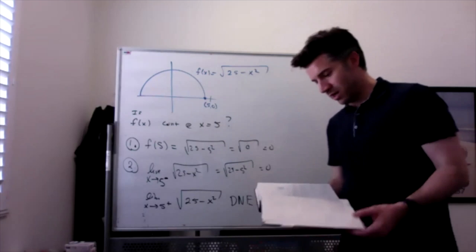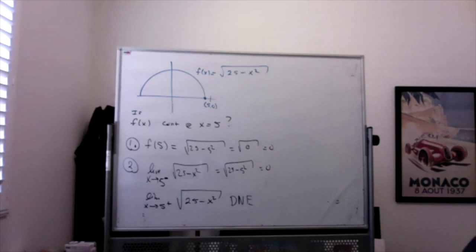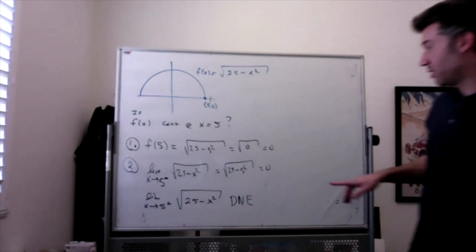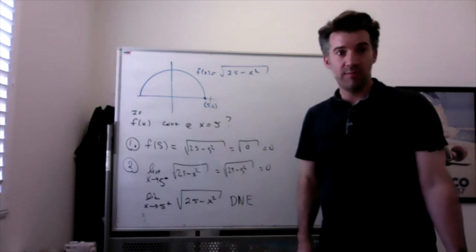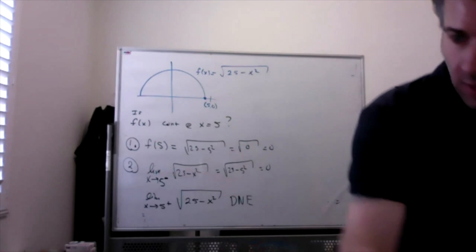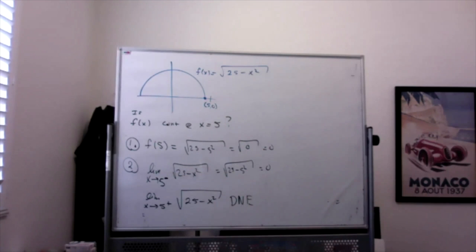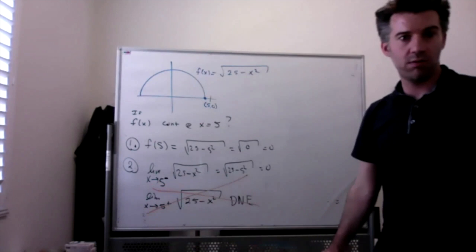So the point here is that we say that this function is continuous at this endpoint because the left-hand limit is equal to the function value. So we don't need this. This is kind of not important at all.